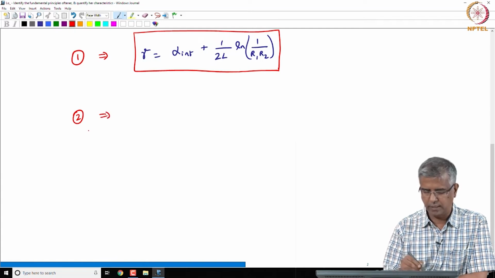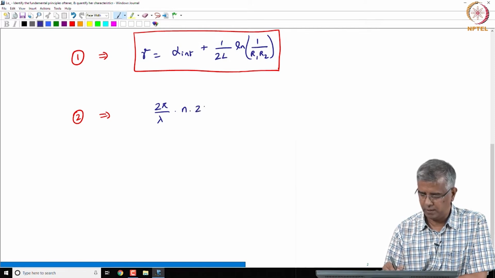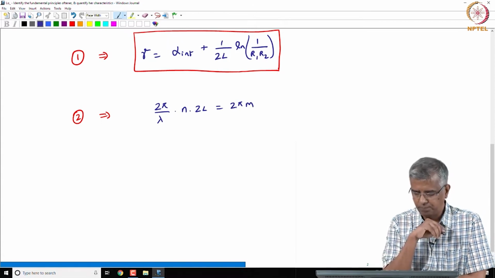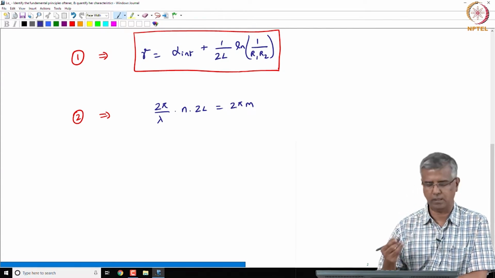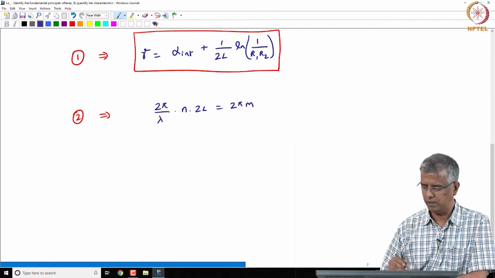Okay. So, that is one important result, and the other important result is 2 pi over lambda multiplied by n multiplied by 2L is equal to 2 pi multiplied by m, and lambda you can write as c over nu, where nu is the frequency.